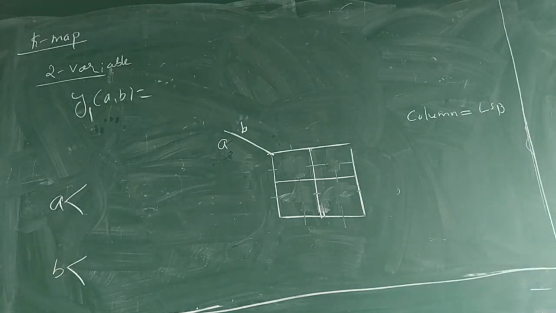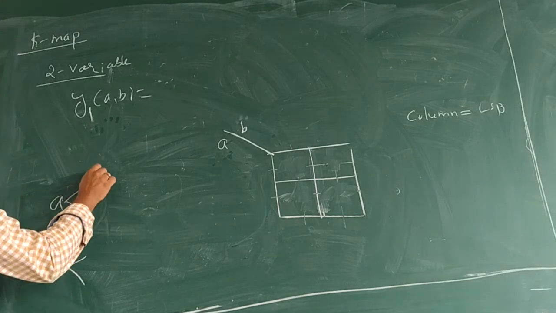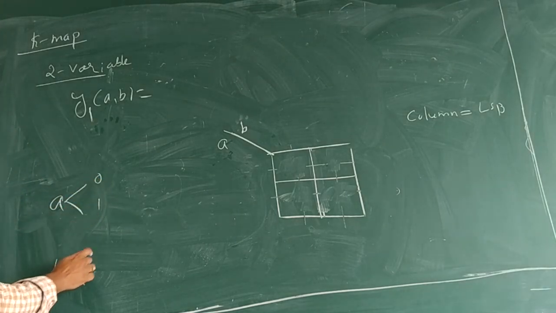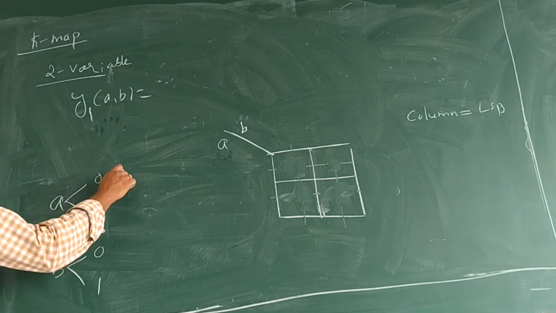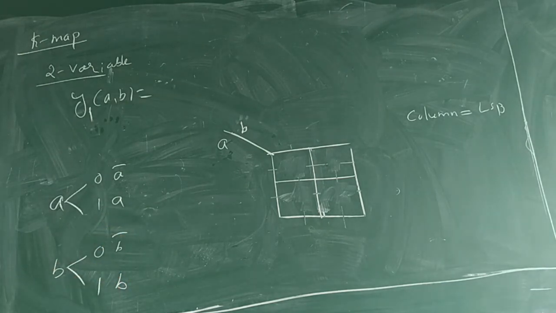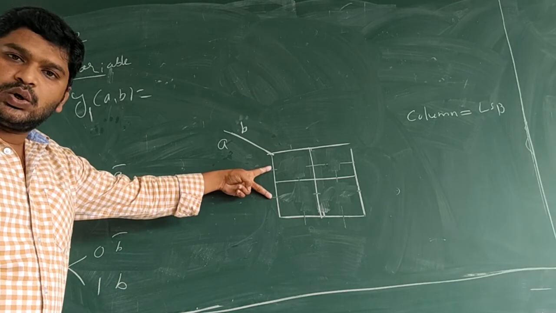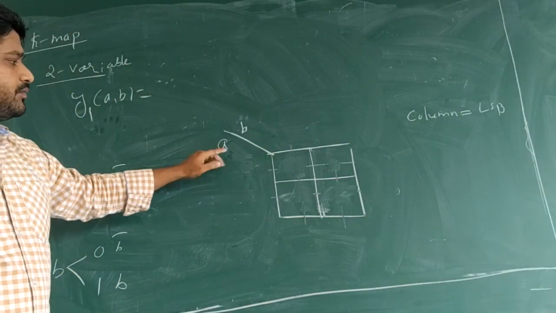There are two variables. Since both are operating column wise and row wise, what are the different occurrences? A can occur in different ways, 0, 1. B can occur separately, independently, 0, 1. What is this notation? A bar, A, B complement and B. How many rows are there? 2 rows. Columns are also 2. What is the row variable?